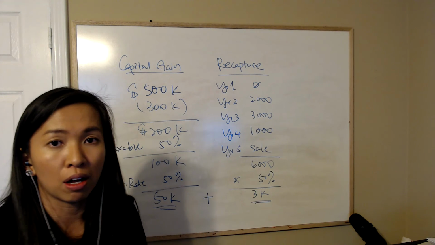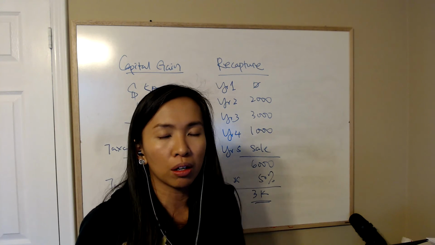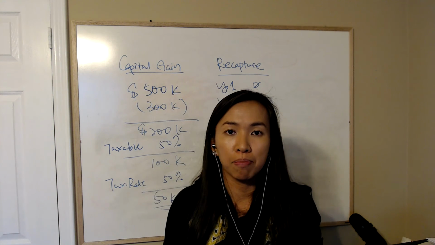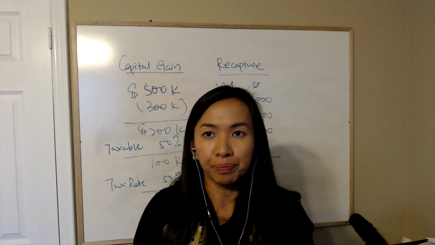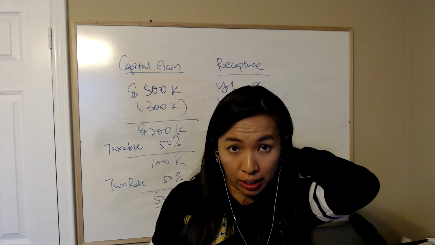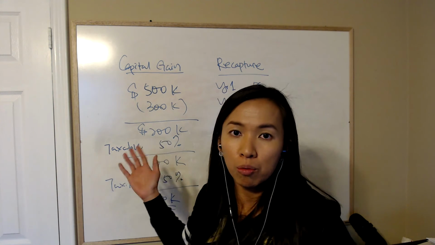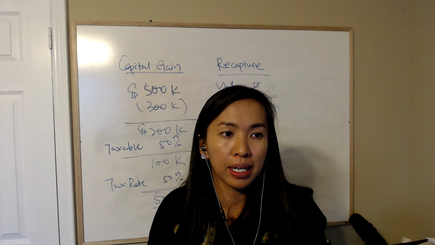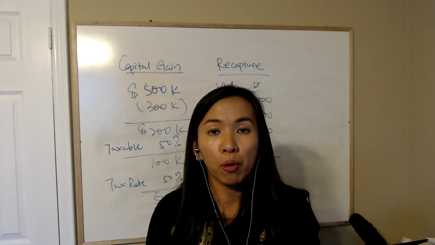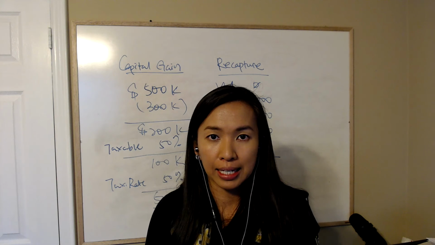Now, I know not all of us are paying at the highest marginal tax rate, and some of you own the properties in a corporation. If that's the case, 50% is still a really good starting point to estimate your capital gain tax.